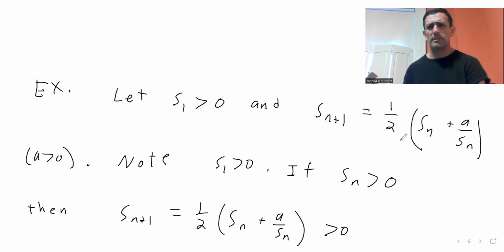I don't know how fast this algorithm is, but you can easily program this into any programming language. You just define this inductively, this way, and this will give you a way to compute the square root of any positive number.